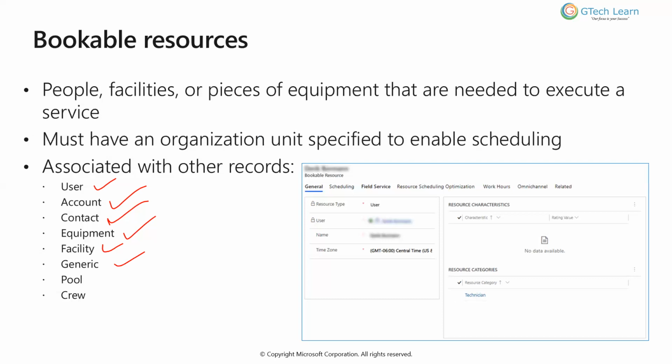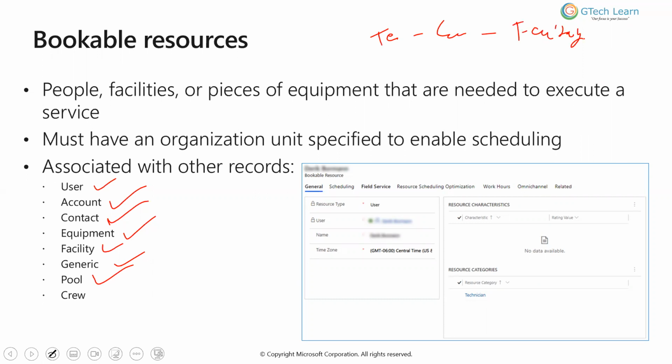After that, we have a pool category available. The pool category helps me create a bookable resource for a pool where I can have multiple things integrated with each other. Inside the pool, I can have some field technicians available, some equipment available, and some facilities to be checked where the service needs to be delivered.